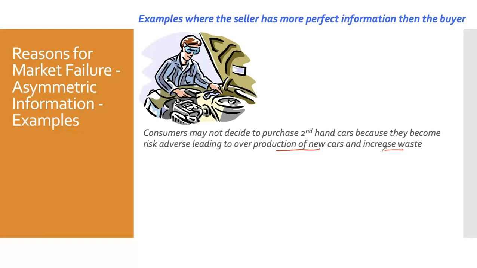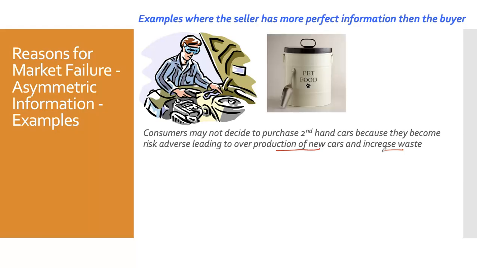So if the seller has more information than the buyer, and consumers realise that, they might decide that they are not going to get their cars fixed or buy second-hand cars because they're worried they're going to be ripped off. This can lead to overproduction of new cars and more waste because mechanics and second-hand dealerships potentially are taking advantage of non-perfect information.